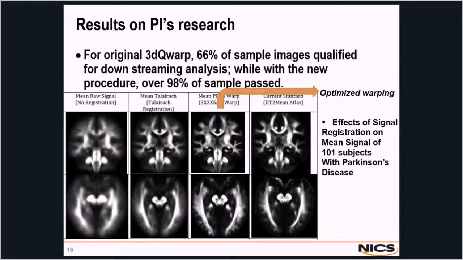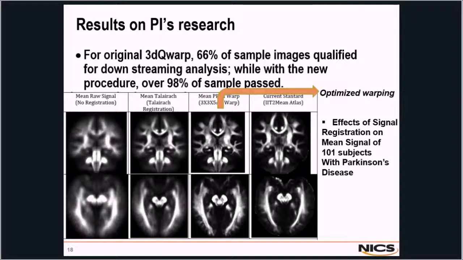Our optimized warping procedure generates 100 images and the mean average. We still see good signal, comparable to the original template. Remember, the template uses images from healthy subjects, and our warping is for 100 subjects with Parkinson's disease.